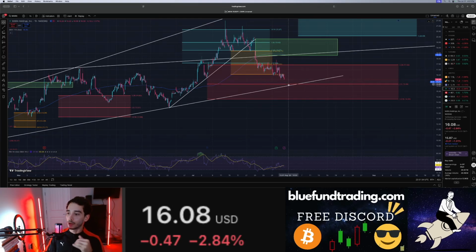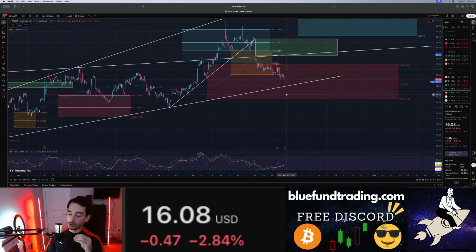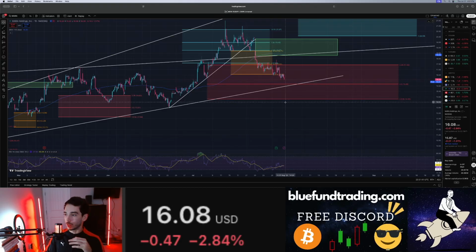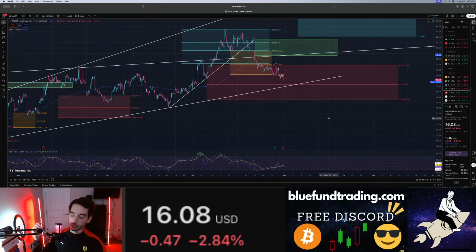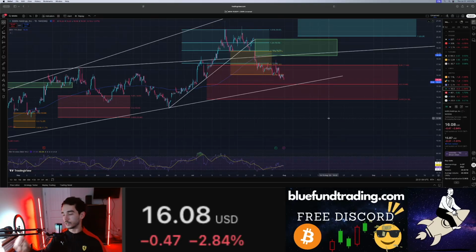So the idea here is that within this area, it doesn't matter because anytime we break below the 0.5, especially, hopefully, if we extend all the way down to the 0.618 below $14.50, this will be really, really good. It'll create so much short-term discount that I'm not sure it's sustainable to be so discounted for a long time.